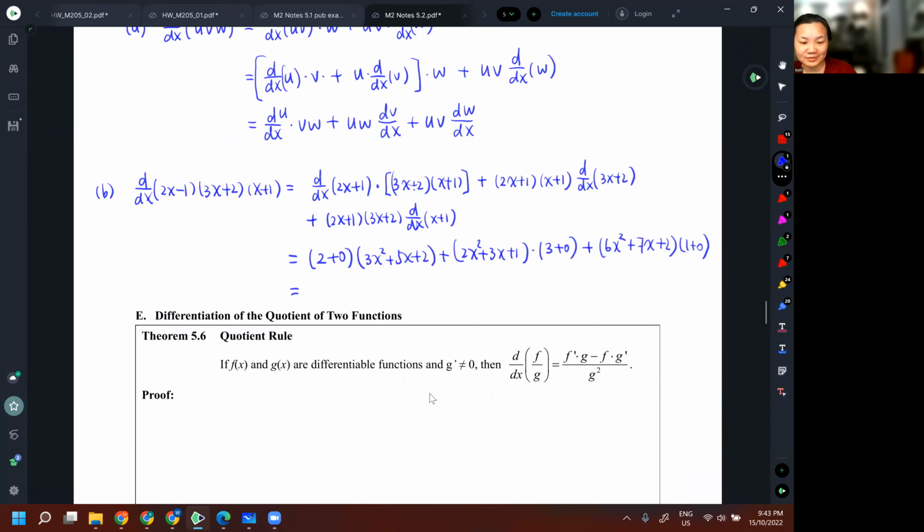You may need more steps. So this is 6 plus 6 plus 6, 18x squared. And 10 plus 9 plus 7, 26. And 4 plus 3 plus 2, that's 9.